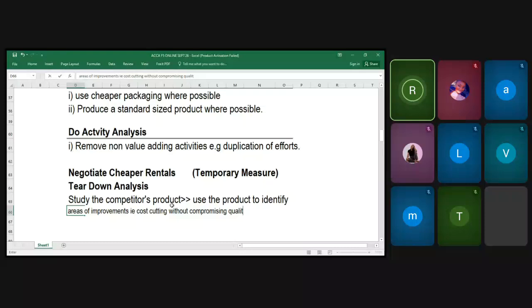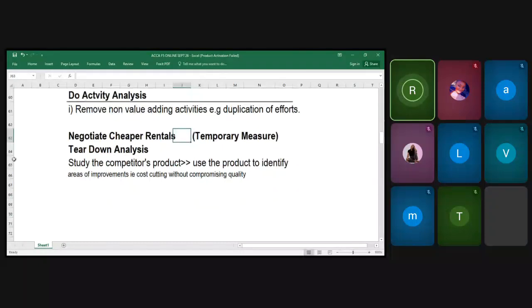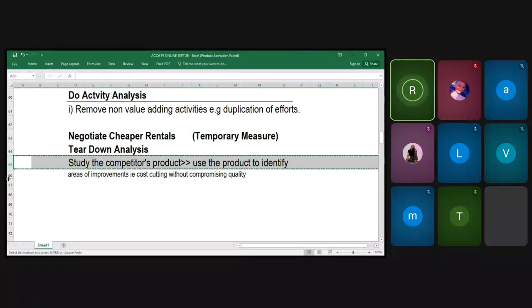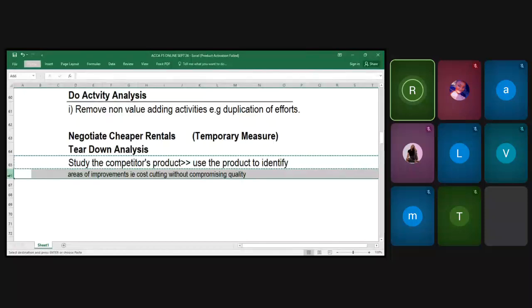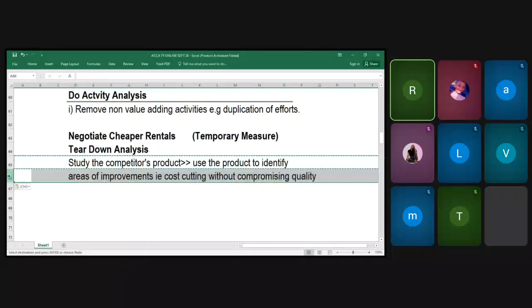That is what we could also do in order for us to reduce the cost of a product.